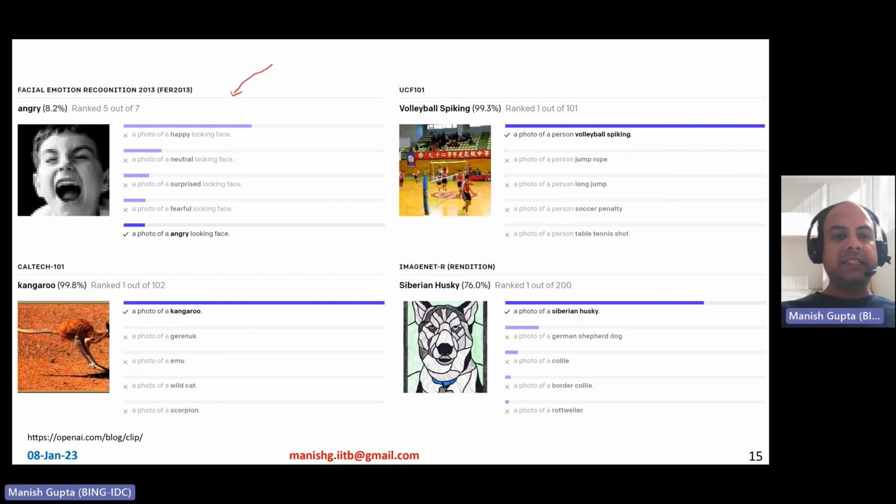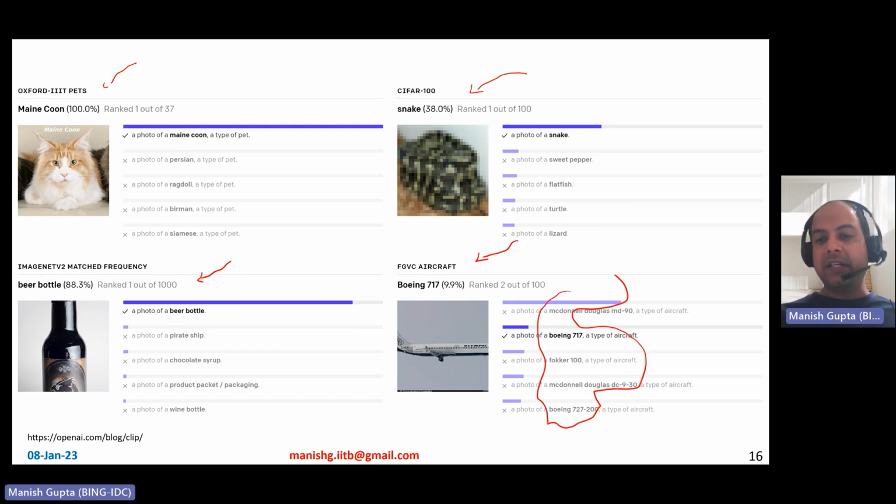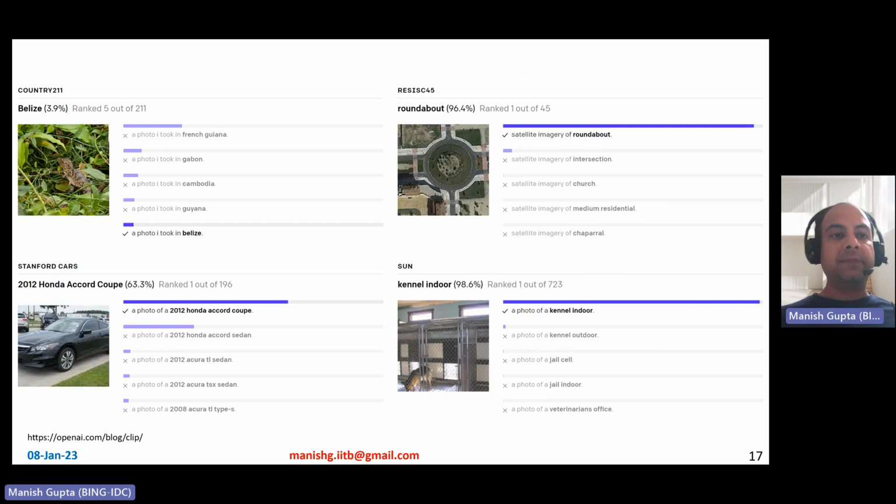Facial emotion recognition data set, or Caltech data set about animals, sports related data set, ImageNet rendition data set, where from the rendition you try to figure out which animal it is. Other data sets like Oxford IIIT Pets data set, which is about different breeds of cats and dogs. And then there's the matched frequency ImageNet V2 data set, another example of a CIFAR data set, and an aircraft related data set, figuring out which particular aircraft it is, Boeing 717 and so on, right?